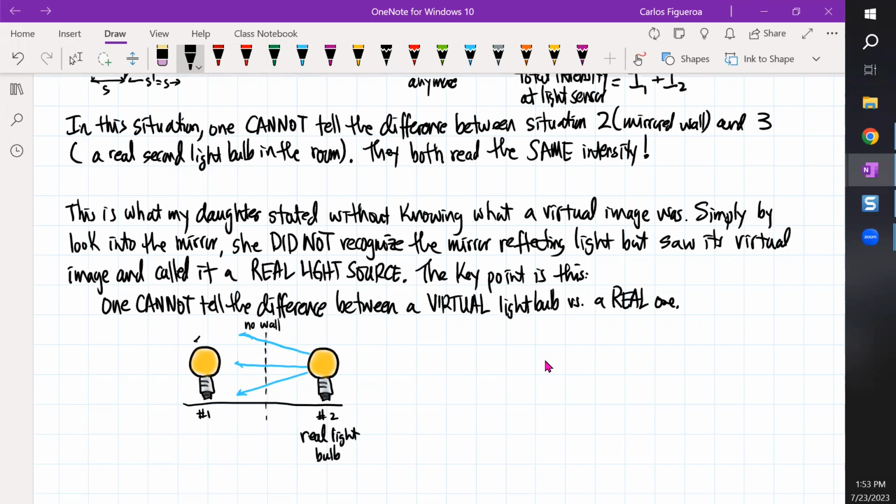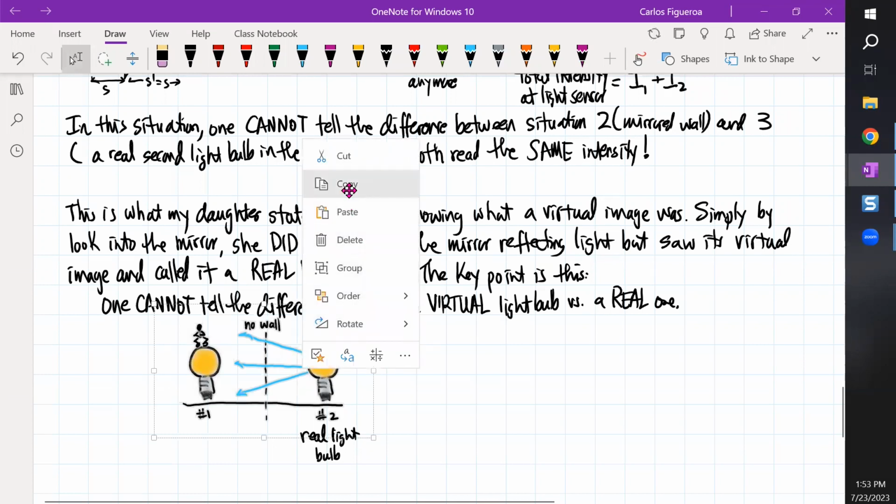So if I'm standing right here, what do I actually see? Now let me copy this and do the exact same thing.